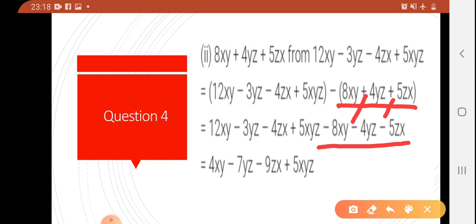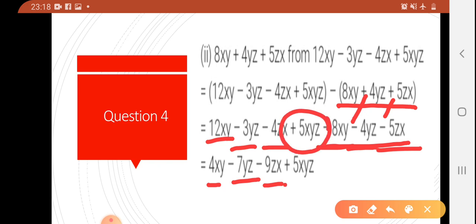Next step, again we bring the like terms together. 12xy − 8xy, then −3yz − 4yz = −7yz, and −4zx − 5zx = −9zx, and 5xyz has been left, so we write plus 5xyz. This will be your answer.